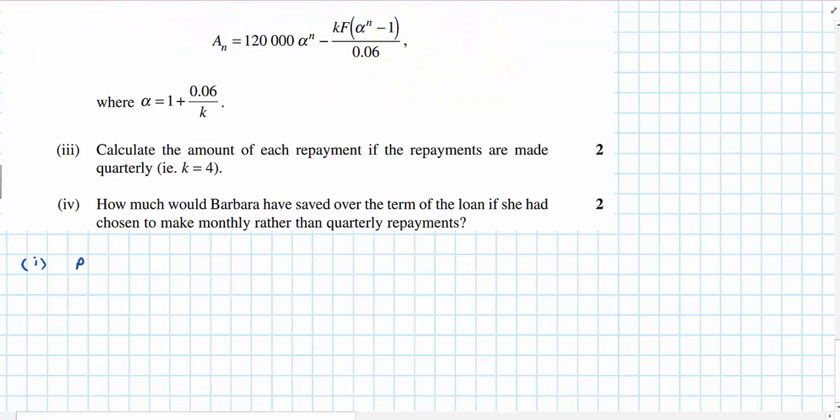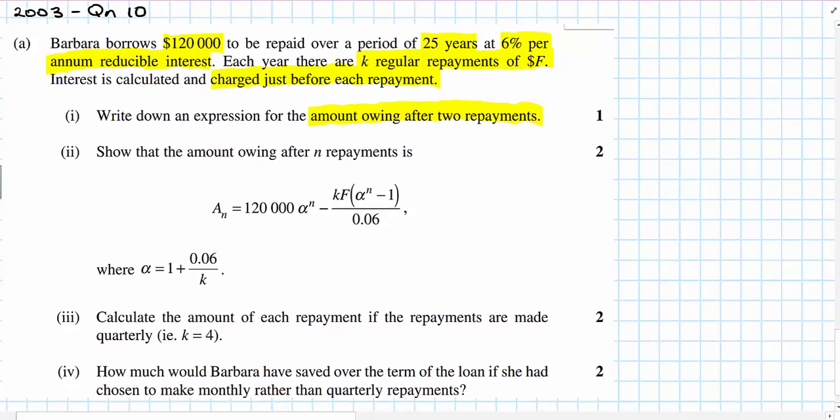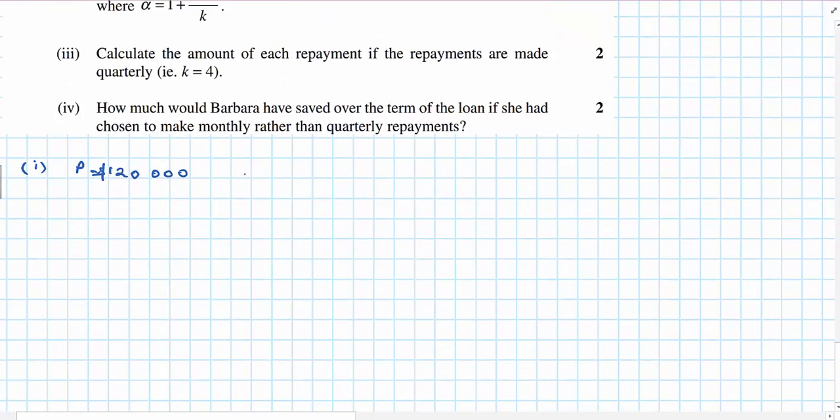We are borrowing $120,000. We are borrowing over 25 years at 6%. So N is 25 years, but there are K repayments per year, so I need to times that by K. Just like if it was 12, we would multiply it by 12.